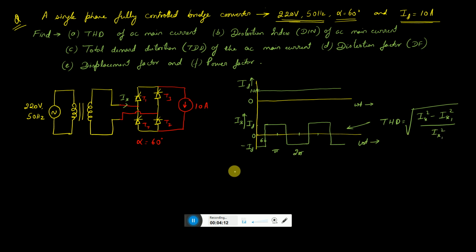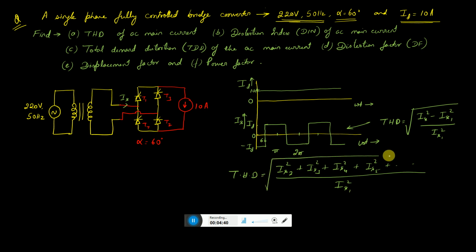We can also understand the THD as: if Is is the total supply current and the fundamental is removed from it, then this is Is2 square plus Is3 square plus Is4 square plus Is5 square and so on, divided by Is1 square, and the whole root.